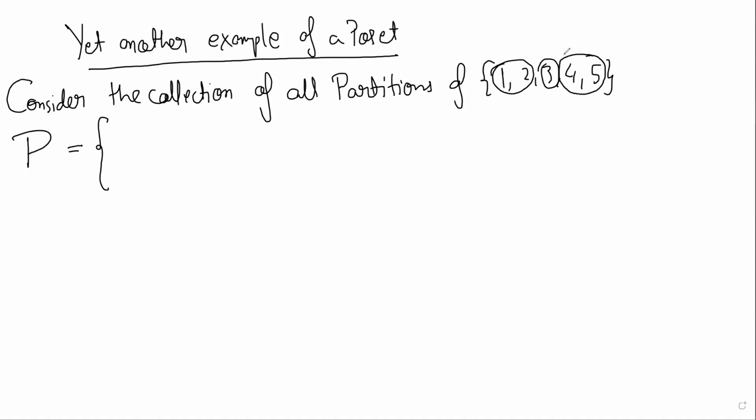Obviously we need to cover every element, and parts should not overlap because it's a partition, right? So for example, this that I've circled like this is one partition, so we can write that as 1, 2 is one part, and then 3 is another part, and then 4, 5 is another part. You see, this is one partition.